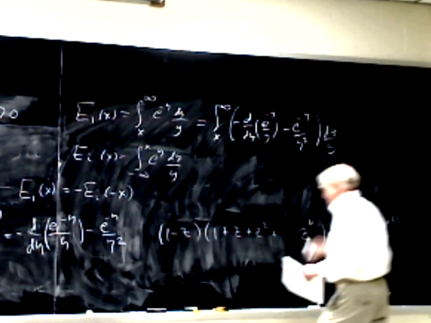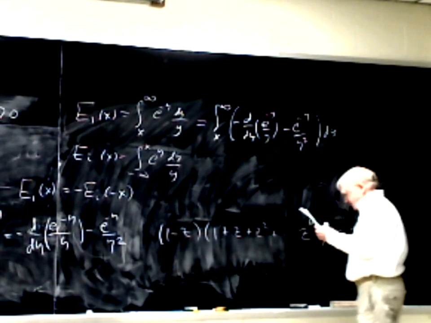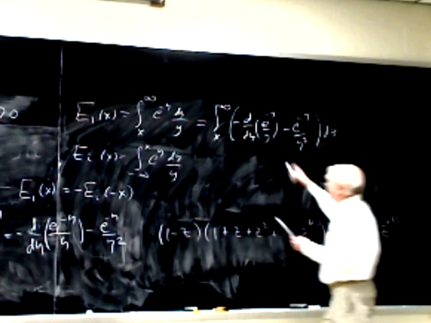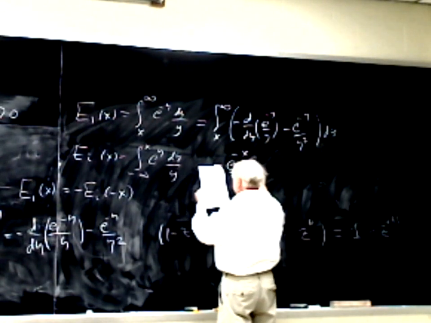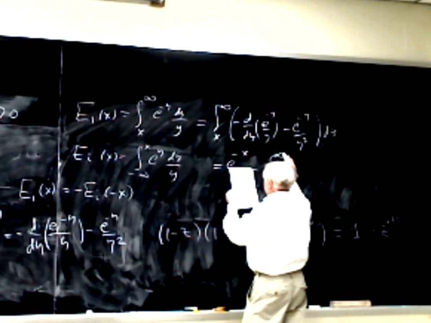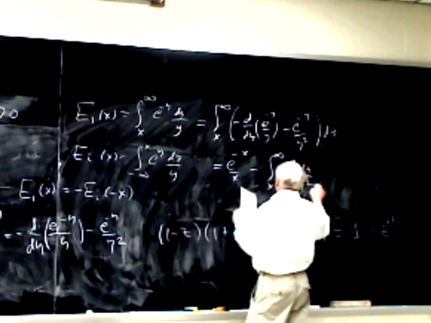And so the first thing gives us e to the minus x over x minus the integral from x to infinity of e to the minus y dy over y squared.